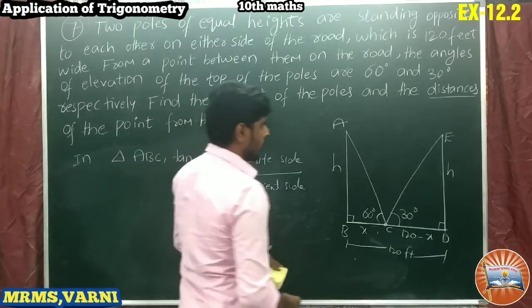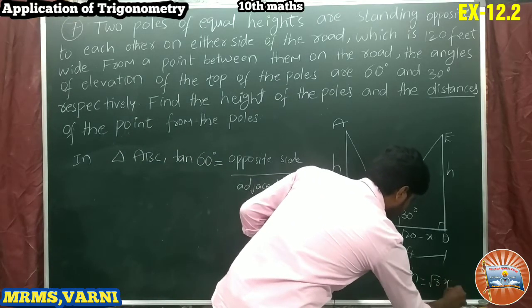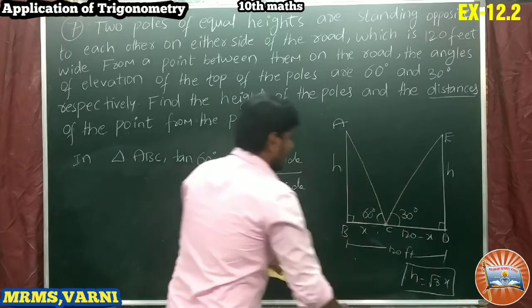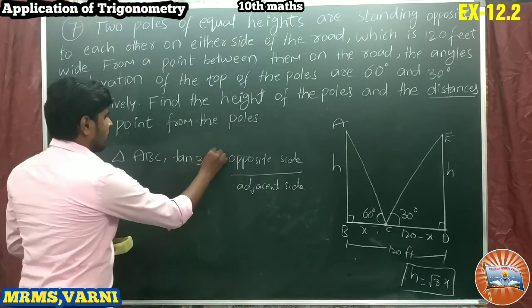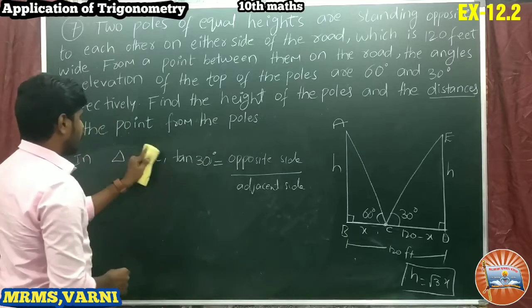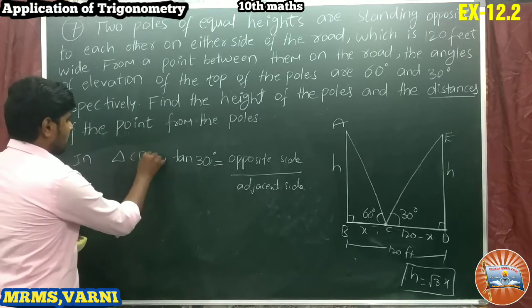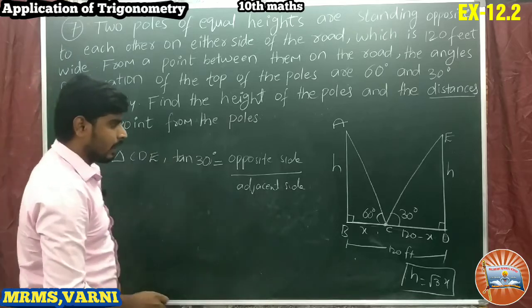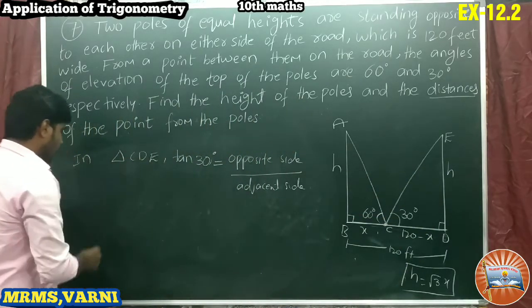So remember equation, what is equation 1? H is equal to root 3x. Remember these things. So again I am taking tan 30 degrees in triangle CDE. In triangle CDE, I am taking tan 30 ratio. What is tan 30?